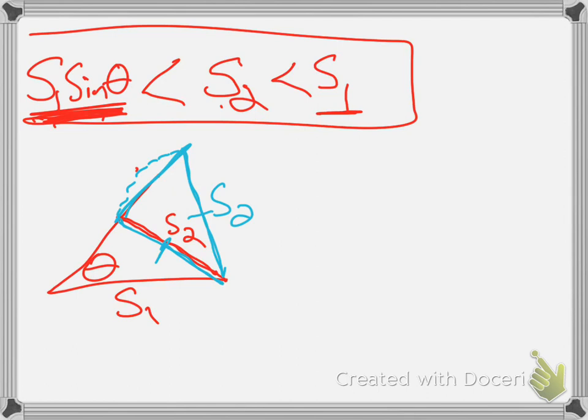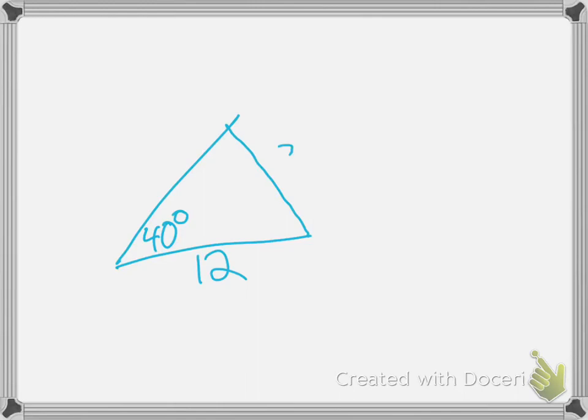So for example, say, I'm just coming up with these numbers on my own, let's say we had a 40-degree angle here, and we had a side 12 here, and this third side we know is 9. Okay, so we want to figure out, does this cause us to have one triangle, two triangles, or zero triangles?